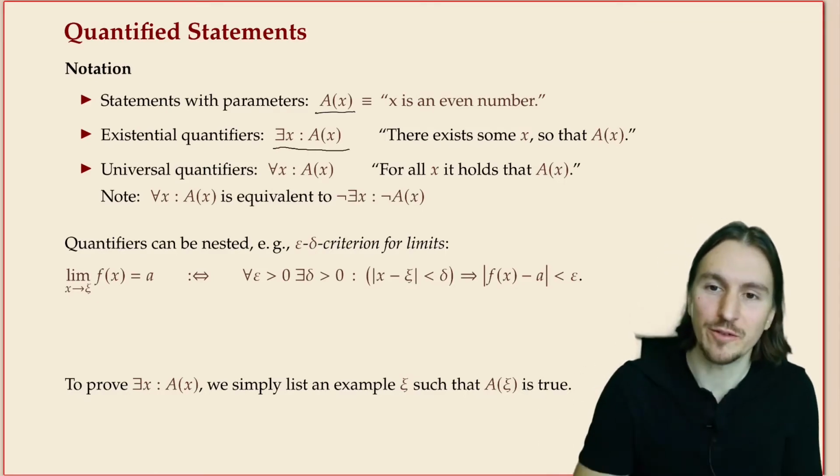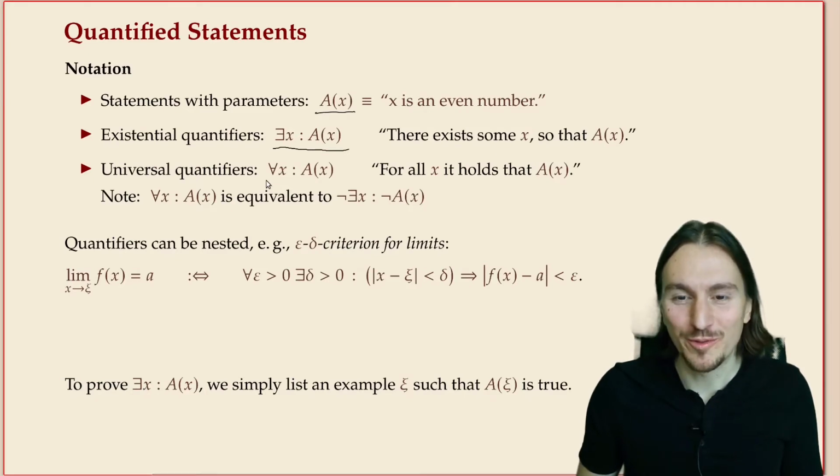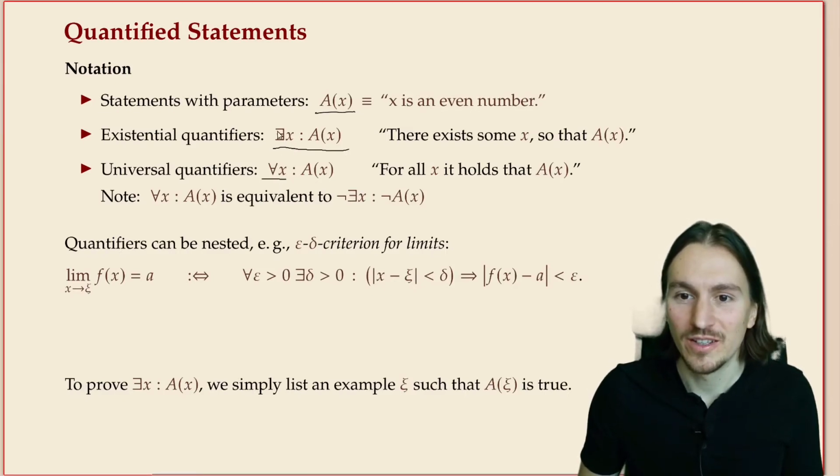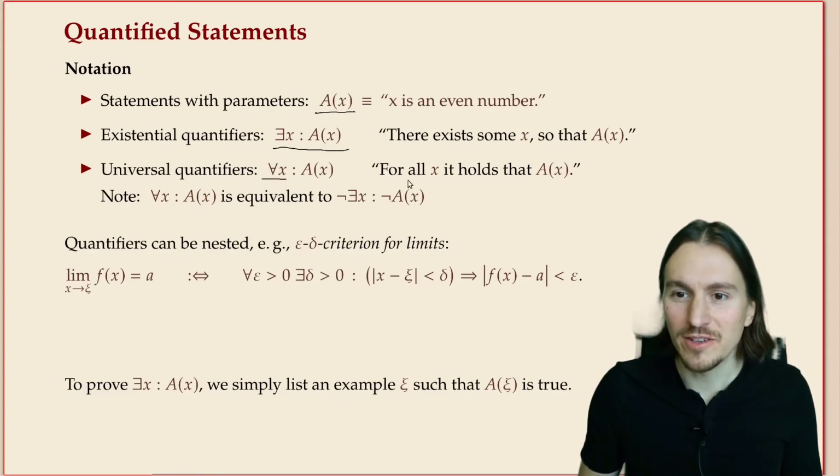Exists an x so that a of x holds. The more complicated statement, but more useful one as well, is the universally quantified one, where you have this for all x. So this symbol is also called exists, and this is called for all. So that's the statement, no matter which value you give to x, a is true.